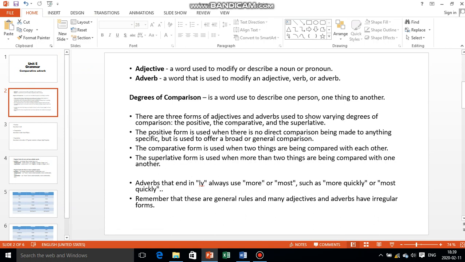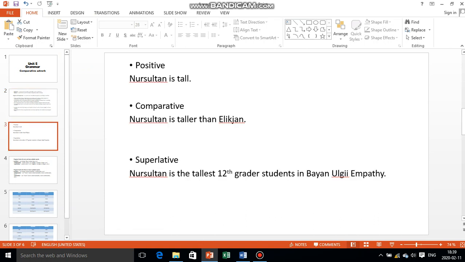First is positive. Positive form is used when there is no direct comparison being made to anything specific, but it's used to offer a broad or general comparison. So in positive form, you are not comparing to anyone. You are just describing. Just like for example here. This is the positive degree.